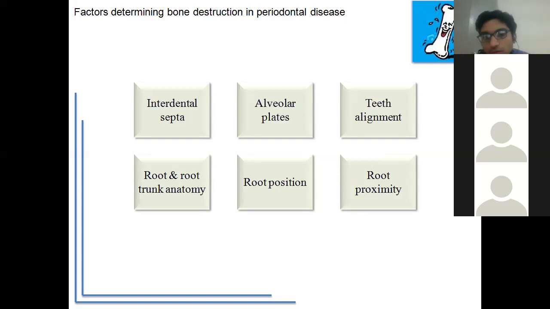It again leads to changes in the architecture of alveolar bone. So write it down. These are all factors which will determine your architecture of the alveolar bone, ultimately leading to patterns of bone loss: interdental septa, alveolar plates, alignment of the teeth, root and root trunk anatomy, root position, and root proximity.